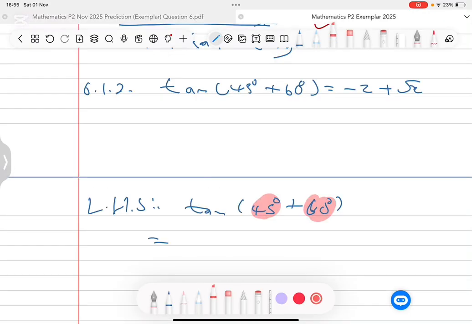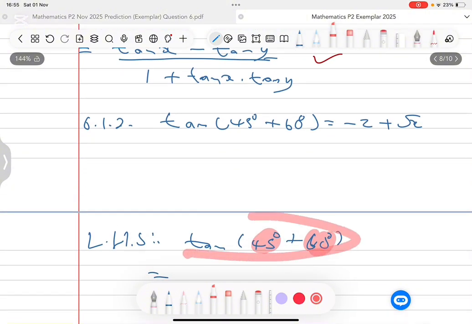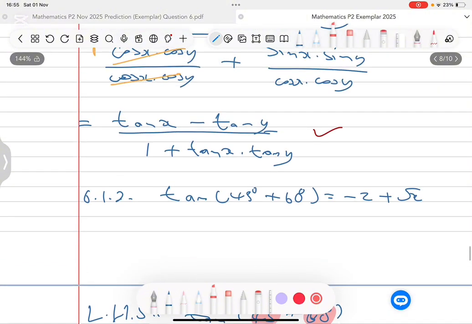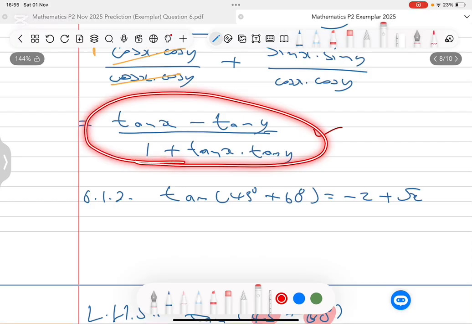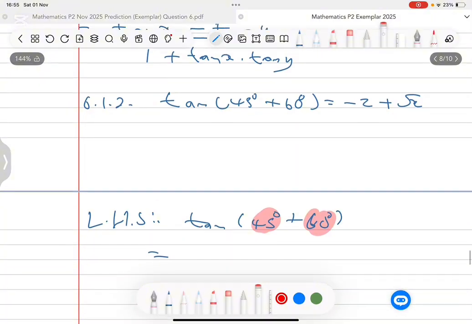And we just proved here that if you have such a trigonometric ratio, it can actually be written as tan x minus tan y all over 1 plus tan x times tan y. So it's like I'm using this as an identity.